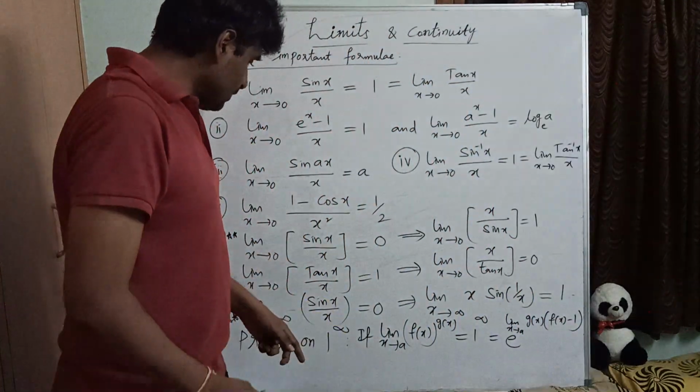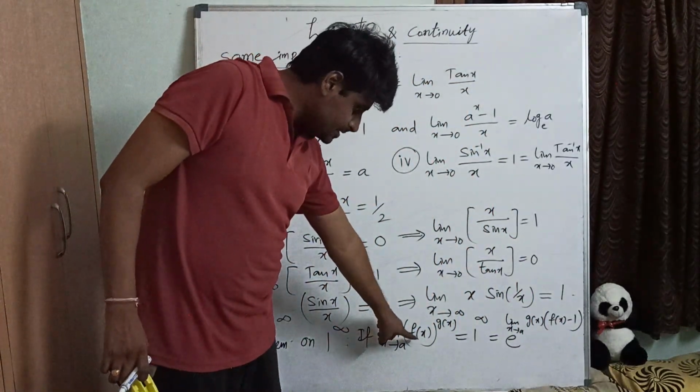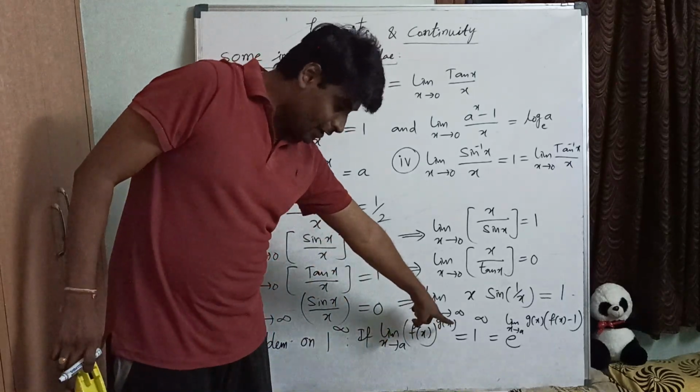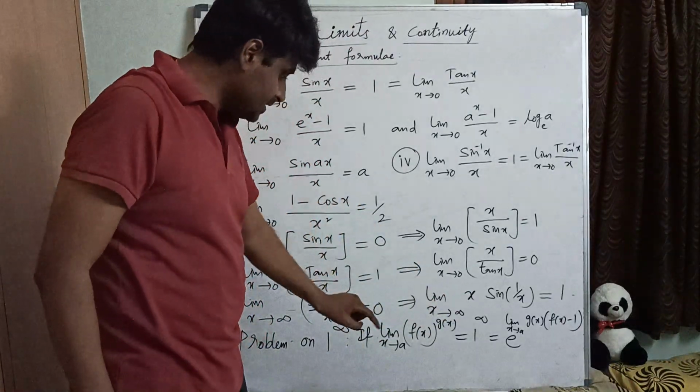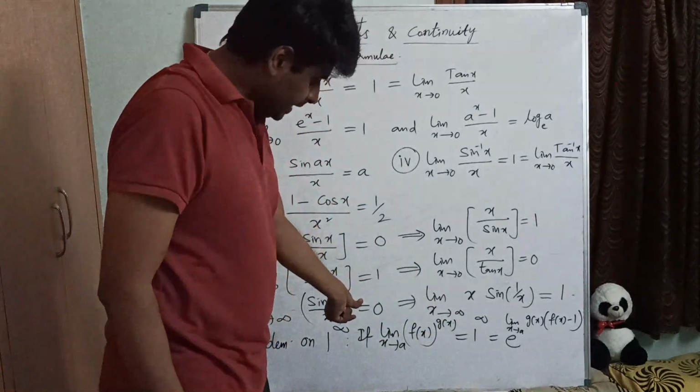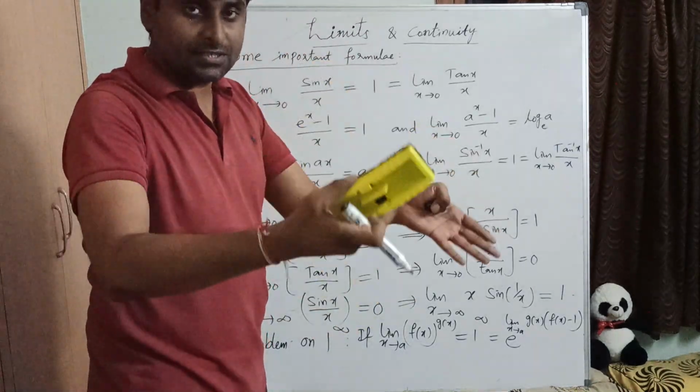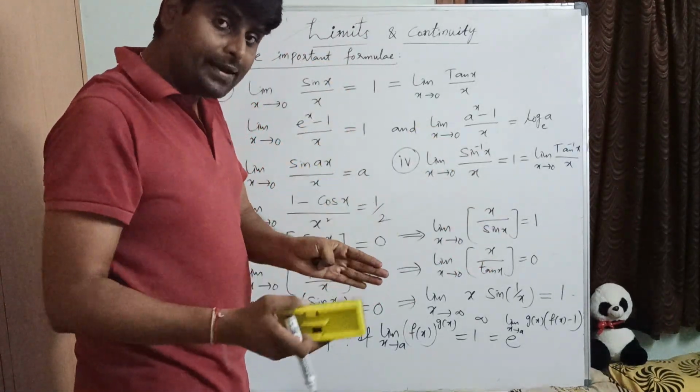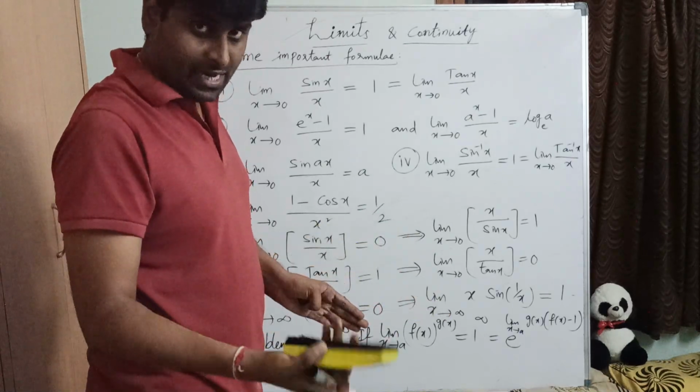Let me explain once again. Whenever a problem is given in the form 1 power infinity, for example limit x tends to a, one function power another function, that gives you 1 power infinity by substituting the limit directly.